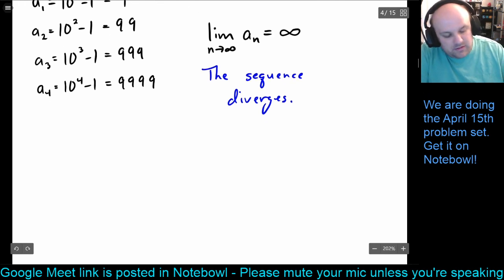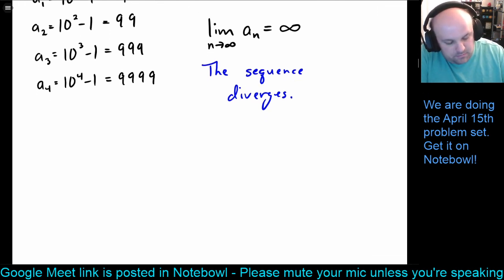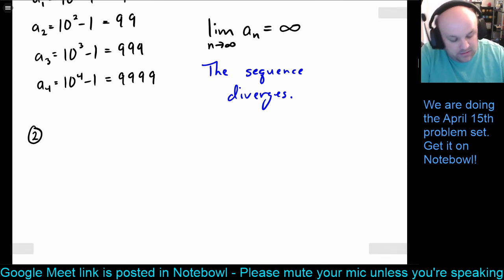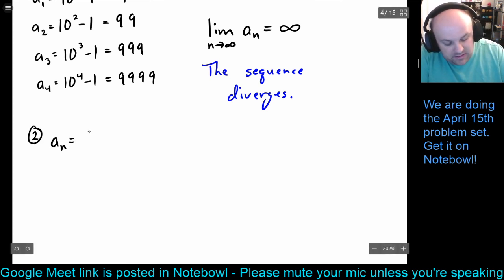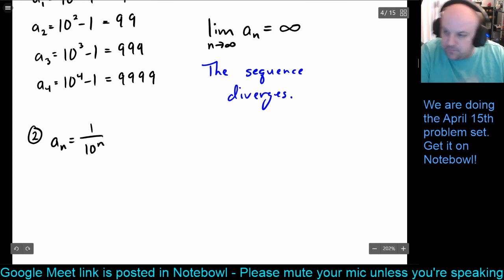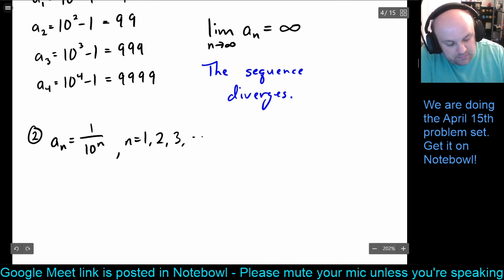All right. Let's go ahead and look at part 2. So the next sequence here is a_n is 1 over 10 to the n. And here, n is going to go from 1, 2, 3 onward.